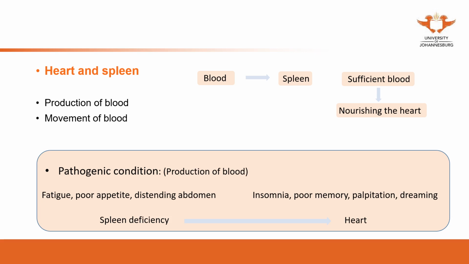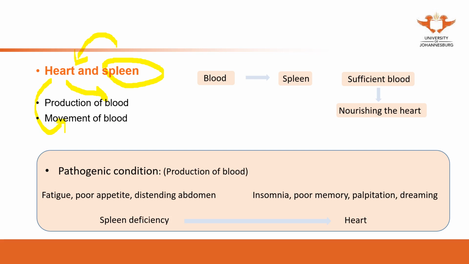The heart transforms the qi into red color, then becomes the blood. Then that's the relationship between these two, and the heart governs the blood, which governs the movement of the blood.